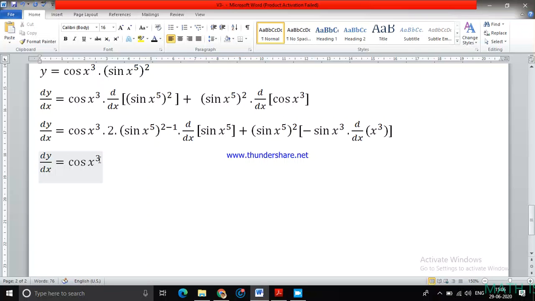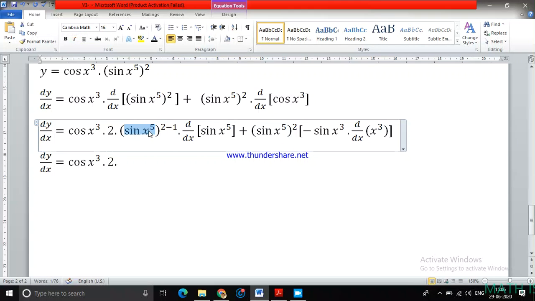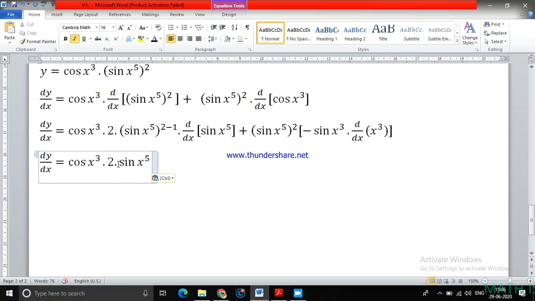Now come to the question, into 2 into, I have to enter the equation, into 2 into, now sin x power 5 to the power 2 minus 1. 2 minus 1 is 1 only, so this will remain as it is, into, now derivative of sin x power 5.